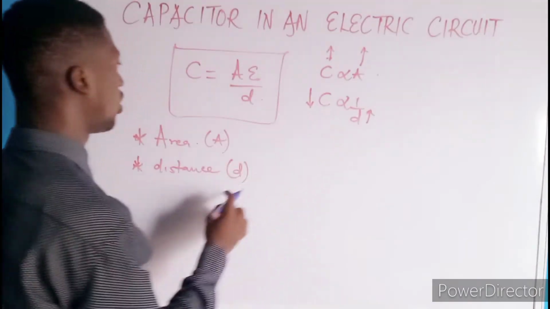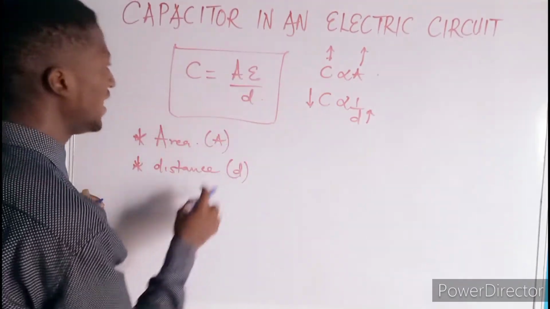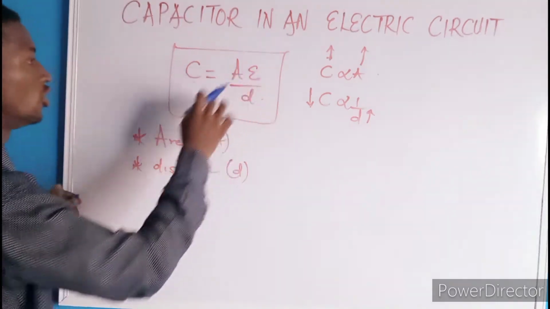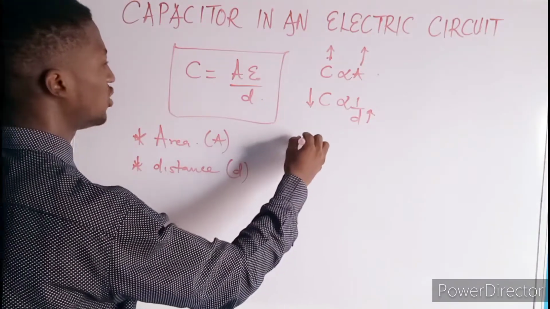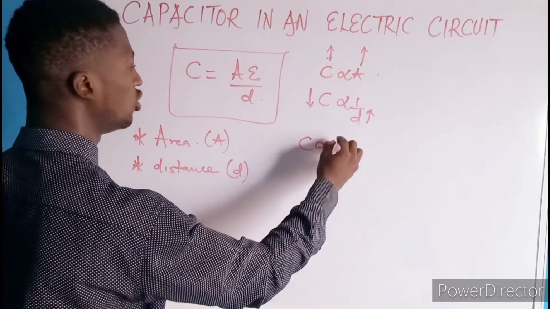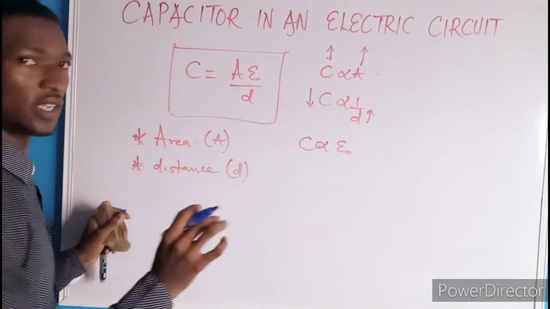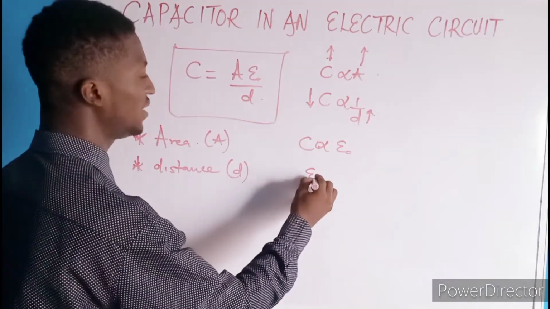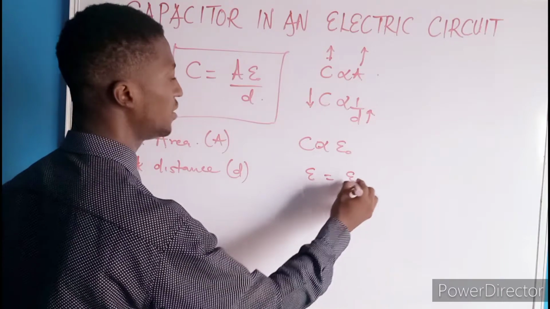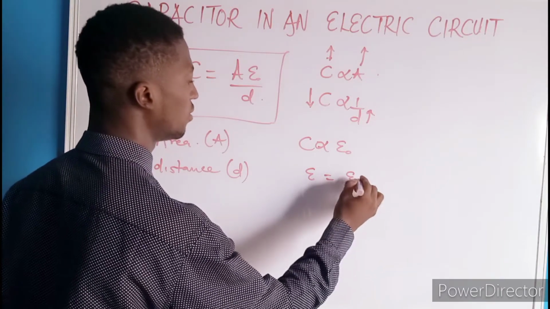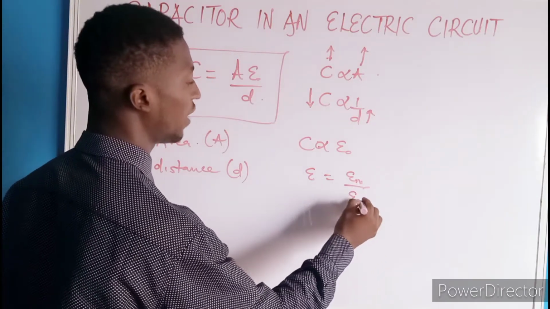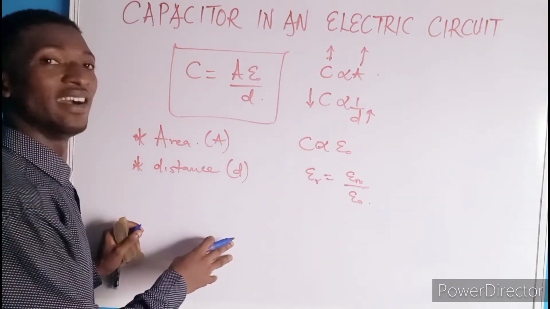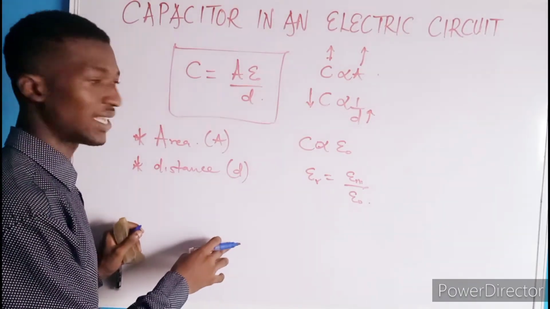The third one is referred to as the permittivity. To get the permittivity, you also have it that C is proportional to the permittivity. Now let me tell you something. The permittivity here is always expressed as the permittivity of the material over the permittivity of free space, which is equivalent to the relative permittivity or dielectric constant.